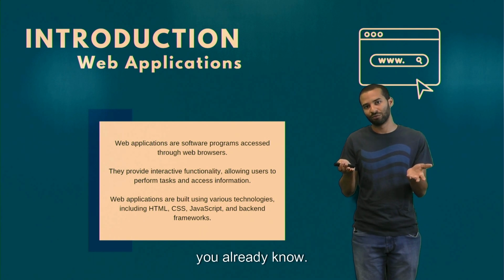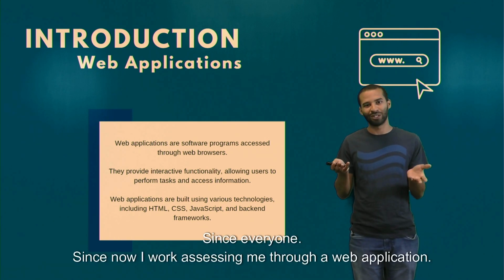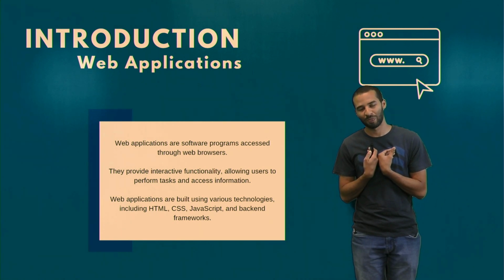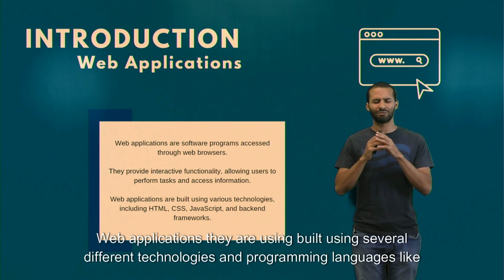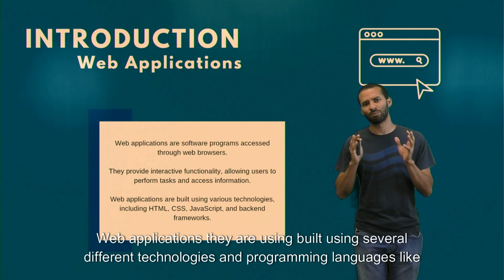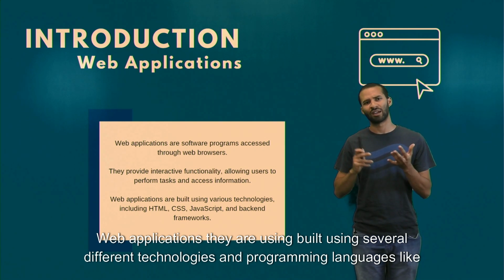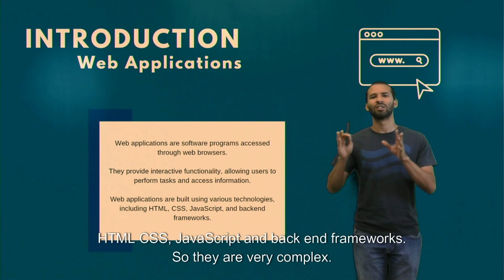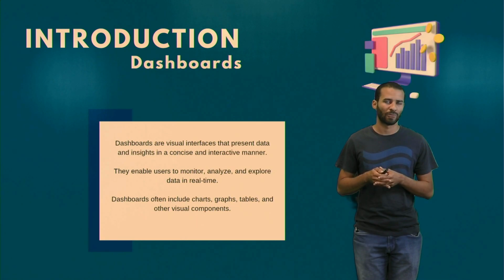And this you already know, since now you are accessing it through a web application. Web applications are built using several different technologies and programming languages like HTML, CSS, JavaScript, and backend frameworks. So they are very complex.